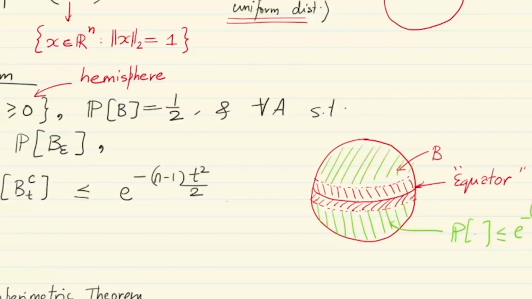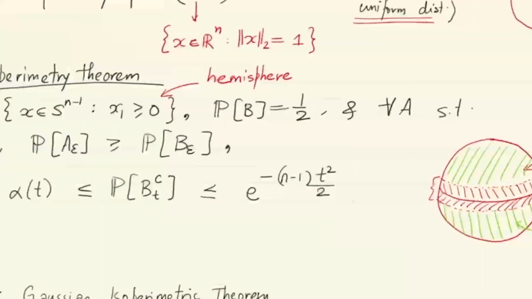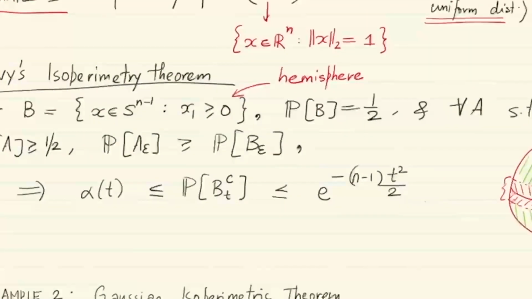So finally, by basic probability, it says that almost all the mass is near an equator. So most of the probability mass is near an equator.